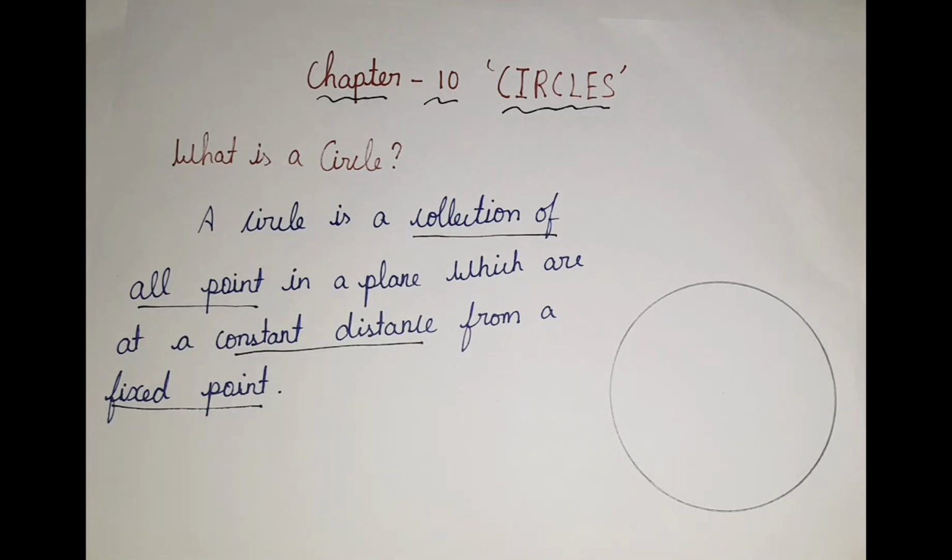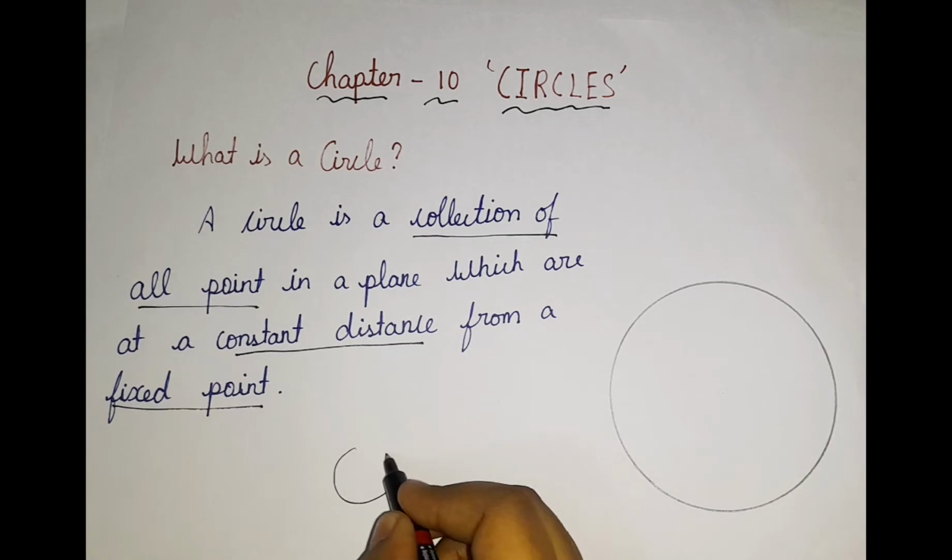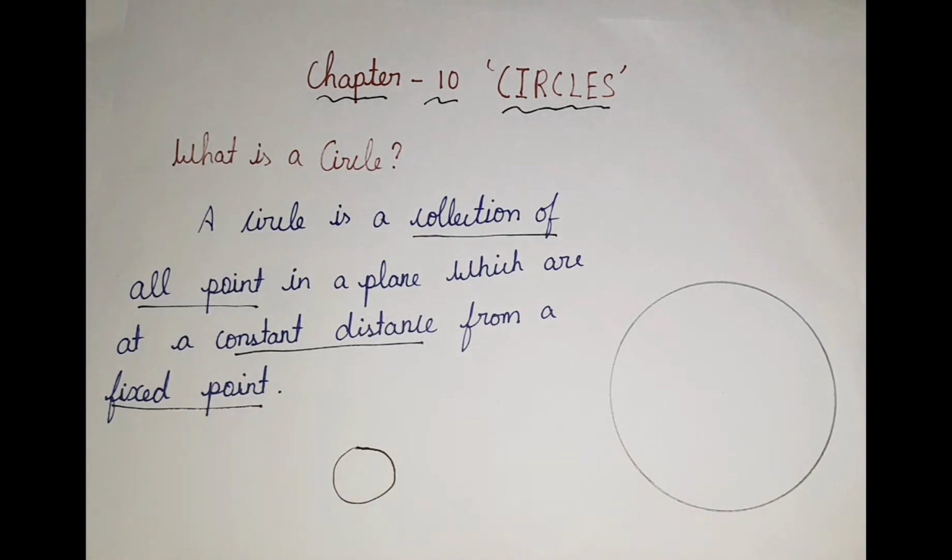First of all, it is hard to understand what a circle is. A circle is a collection of all points, but do you know what that means? I'll explain it, don't worry. For example, there is a circle. Have you ever wondered whether this circle has points?